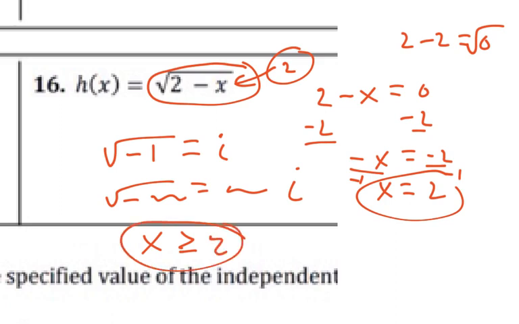So x is any real number greater than or equal to 2. So in set builder notation, I would say brace x such that x, element of all real numbers where x is greater than or equal to 2.